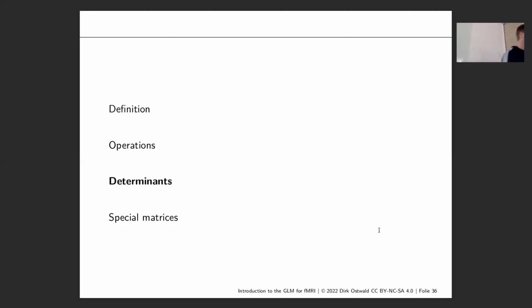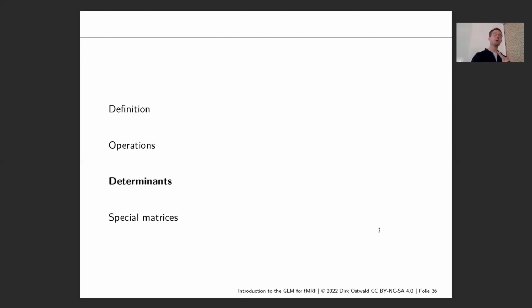But let's first summarize what we did. We have all the matrix operations that we need at our disposal now. We can add matrices which have any size but the same size, and we can subtract them. We can scalar multiply them. We can matrix multiply two matrices if the first matrix has the same number of columns as the second matrix has rows.